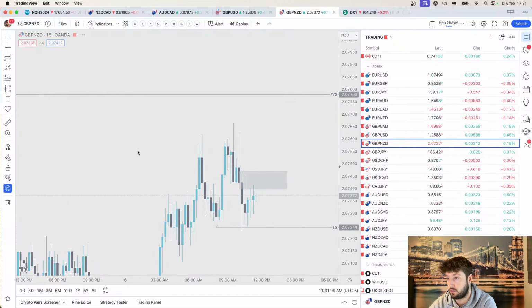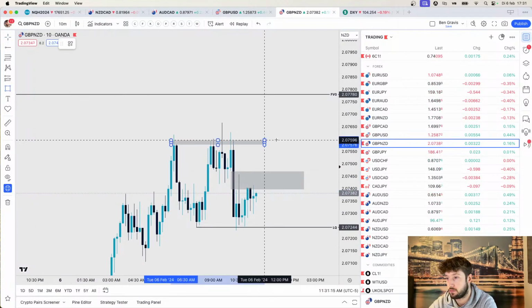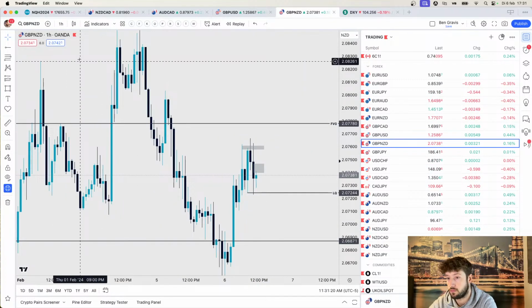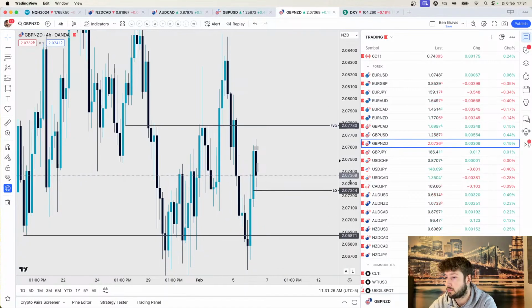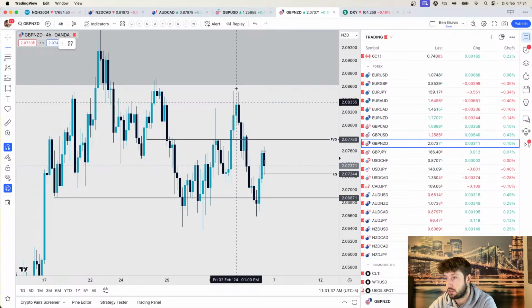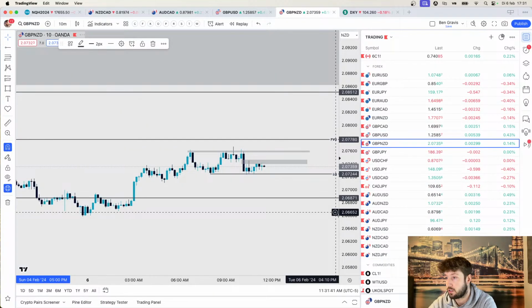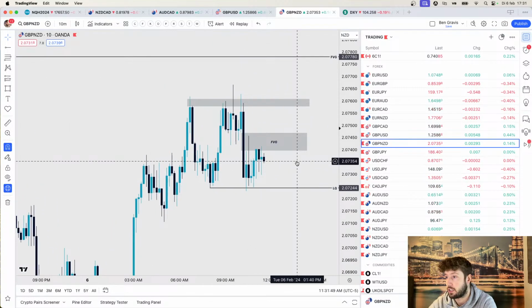Okay, this one, it's kind of nice. So, yeah. This one flipped too, so you're actually looking for this level. So if this one flips, I might take that long.